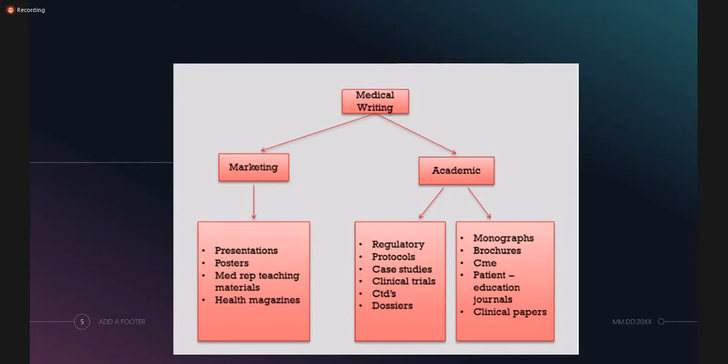Similarly, health magazines are also considered marketing purpose. For example, if there is a new product and you, as a doctor, have been appointed in a big multinational pharmaceutical industry as a director or lead for marketing, you are the national marketing manager, and now there is a new product for calcium supplementation, and the company wants to roll it out at national level.